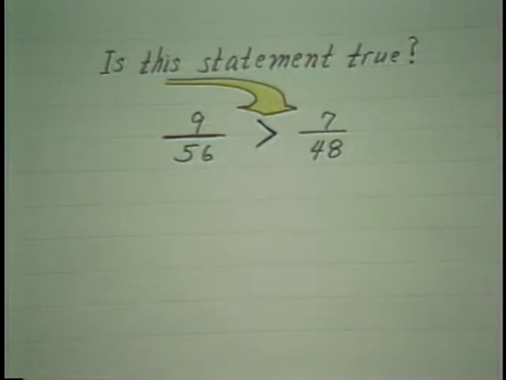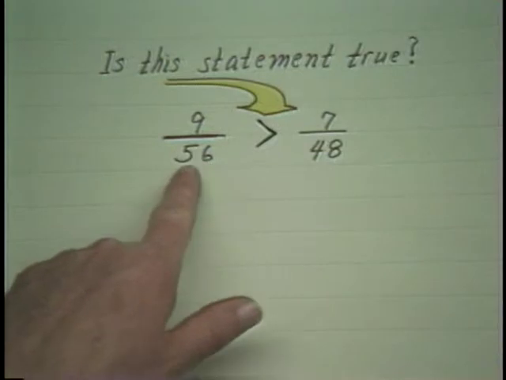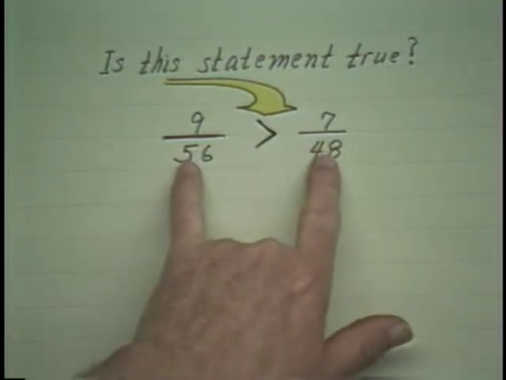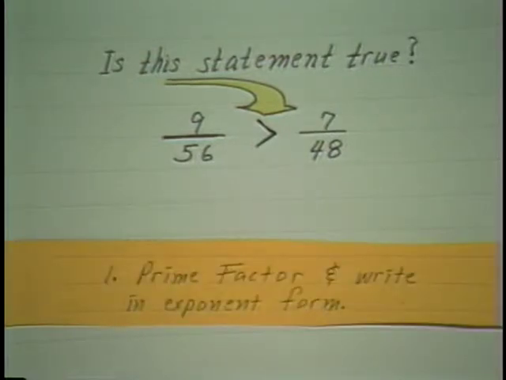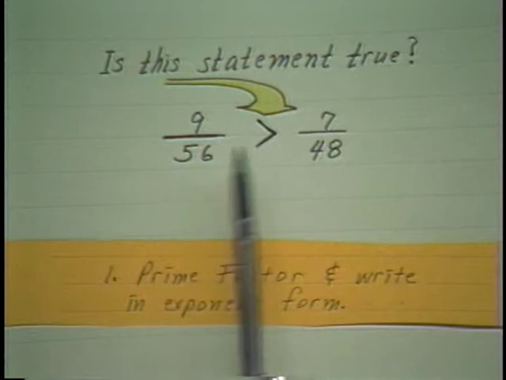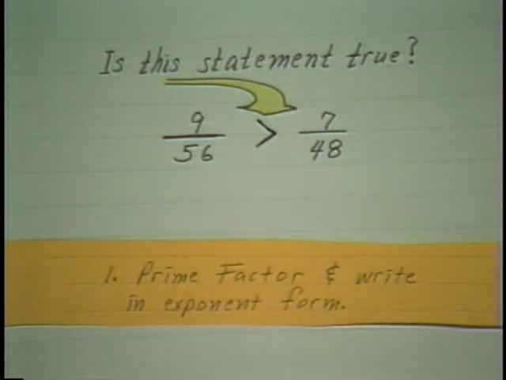First, now at this stage it might be well to review just how you go about finding the lowest common multiple of messy numbers. Recall, the first thing you do is prime factor each of these numbers and write in exponent form.